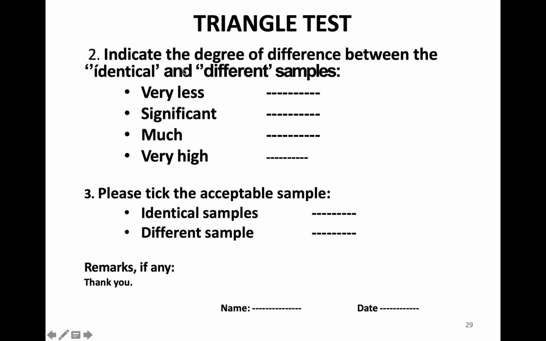So this indicates the degree of difference between the identical and different samples, how identical or how different it is. And at the end of the proforma, they have to mark their acceptability preference. Either the identical samples are acceptable or the different sample is more acceptable.